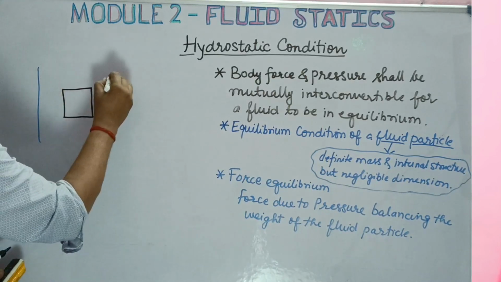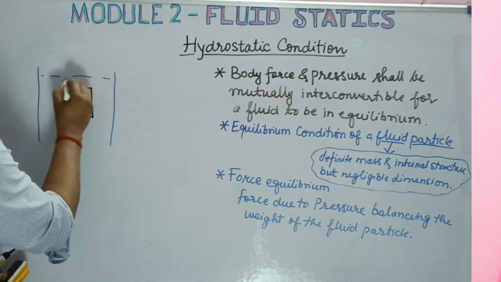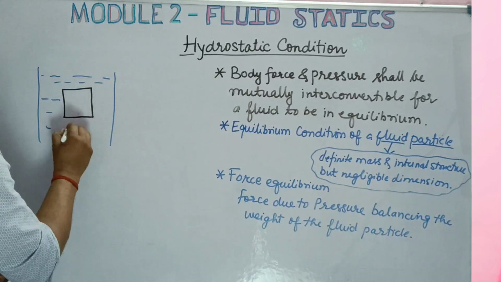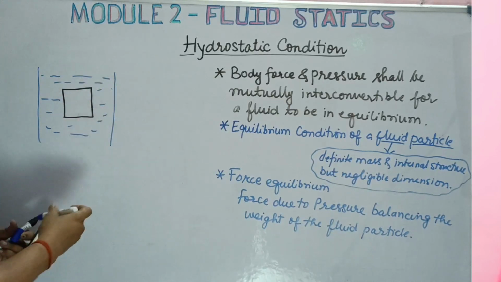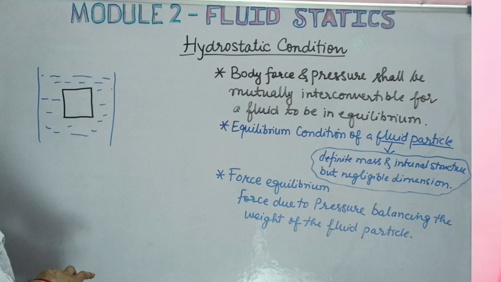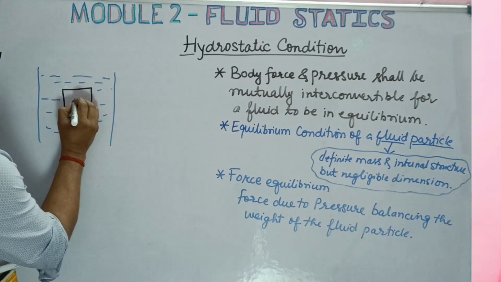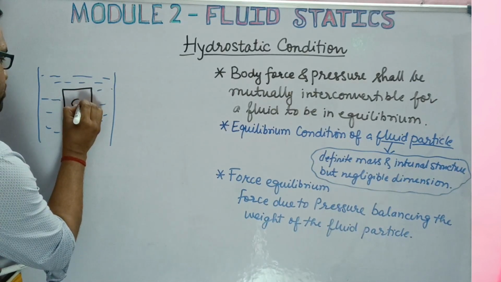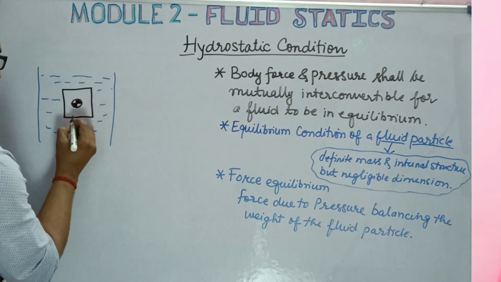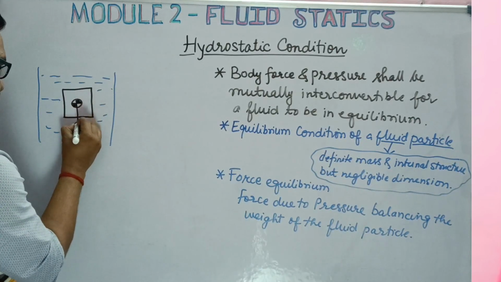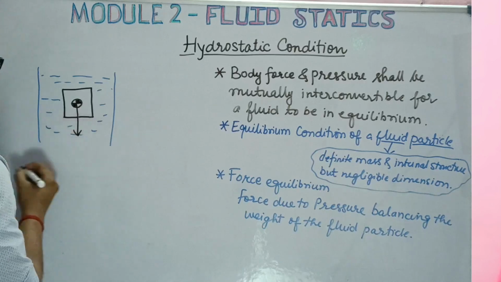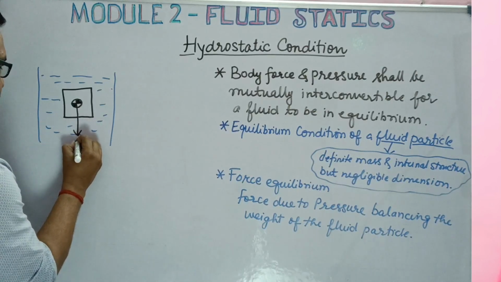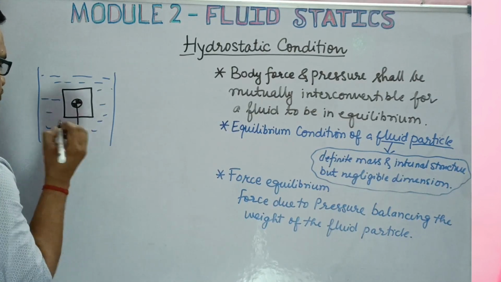So let us say that this is the container which is containing the fluid, and the fluid is static. Now the two types of forces that will be acting here, first will be the body force. So first we will draw the body force, which is actually the weight of the fluid. So this is FB, or the body force.